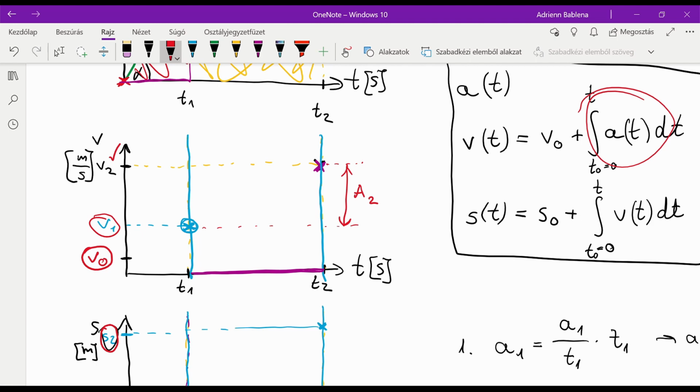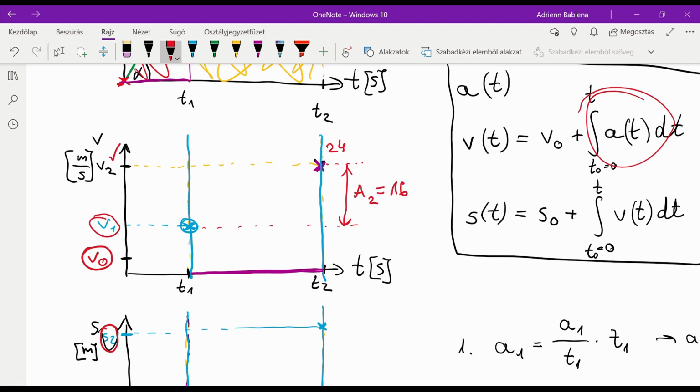So we know V2. V2 is 24. We calculate A2. V1 was 8. Yeah, sorry, V2 was 24, and A2 should be 16.